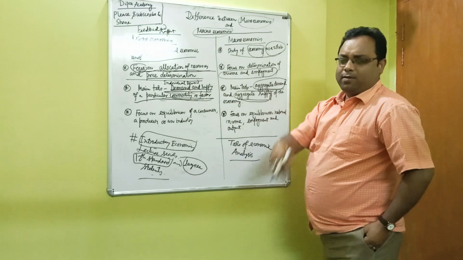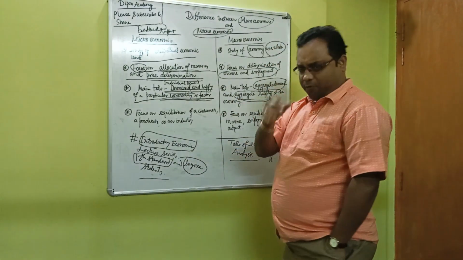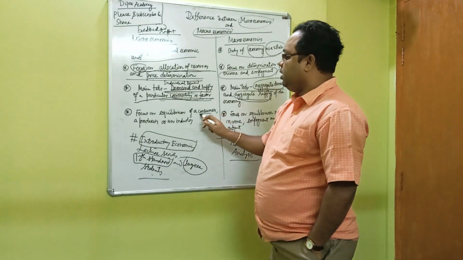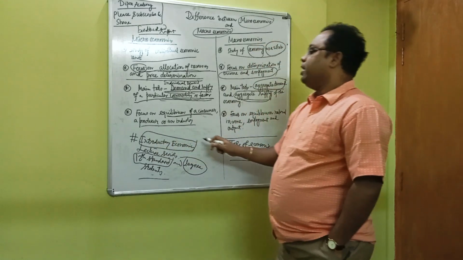There are many differences, but to make it simple, the main focus of microeconomics is the equilibrium of a consumer, producer, an industry or a farm.